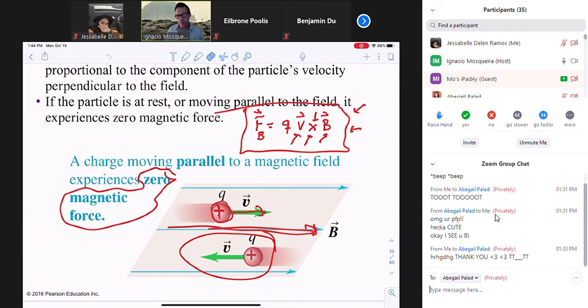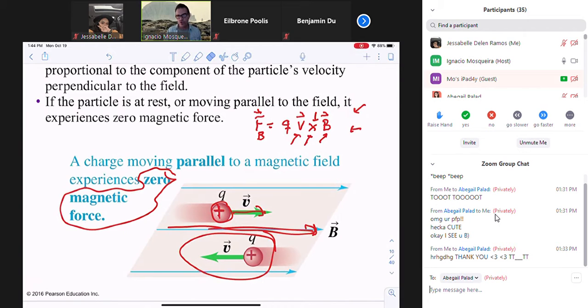So we start by saying, okay, great. If I take this cross product, the magnetic force of a moving charge is Q, the velocity vector V, cross the B field, B. Immediately they're telling you, because there is a cross product in there, you have to remember that the cross product has a sine of the angle.